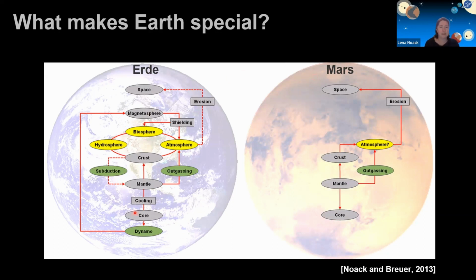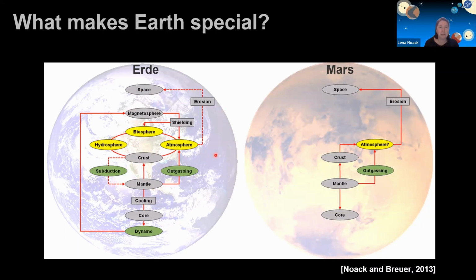So what you can see on the left side is a rather complicated feedback mechanism between the interior of Earth, so everything below the crust, where we have subduction, of course, recycling material from the crust into the mantle. This is something that's very important for the global CO2 cycling. Of course, the cooling of the mantle is something that helps to also cool the core, and the cooling core, this is what actually drives the dynamo-magnetic field.